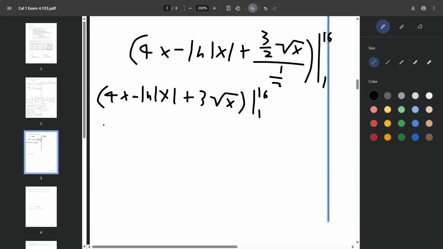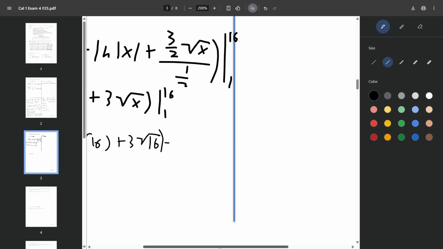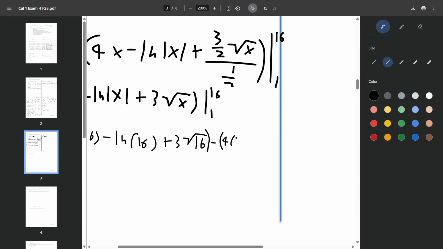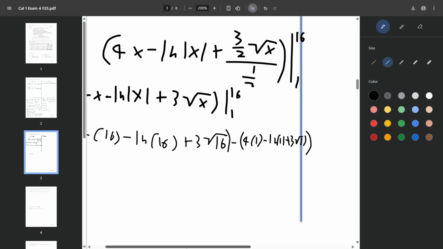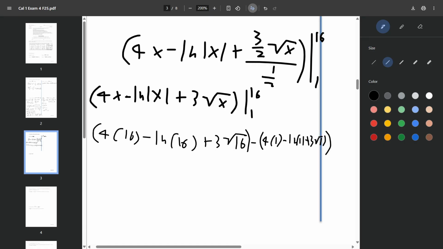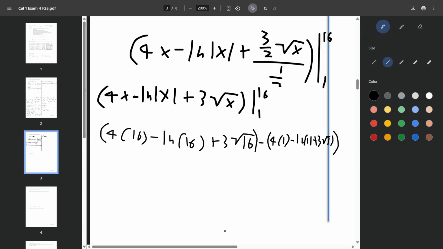So in this case, the equation will be 4 times 16 minus ln of 16 plus 3 times root 16, minus, 4 times 1 minus ln of 1 plus 3 root 1. So that is our equation.